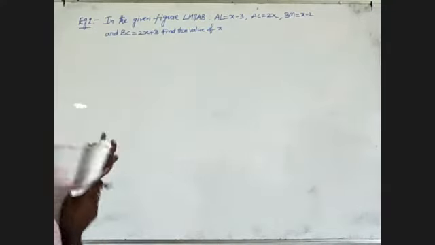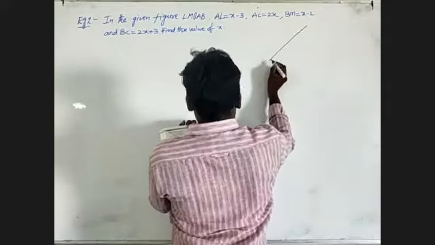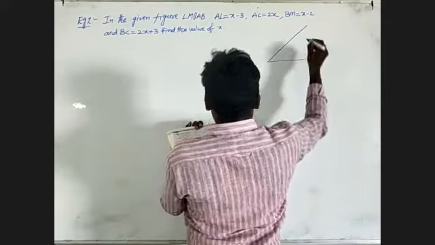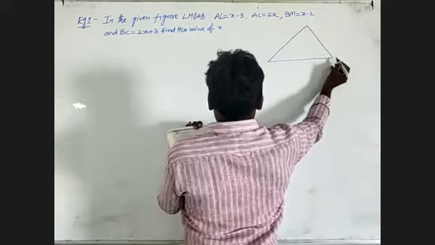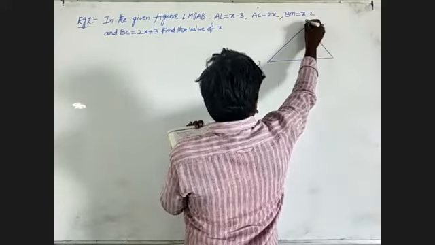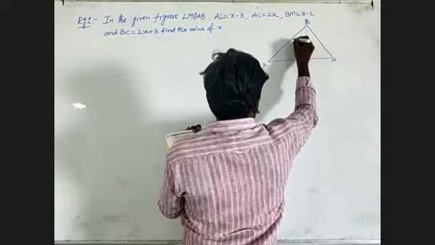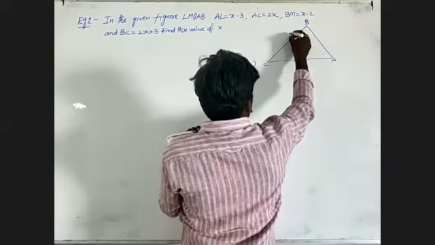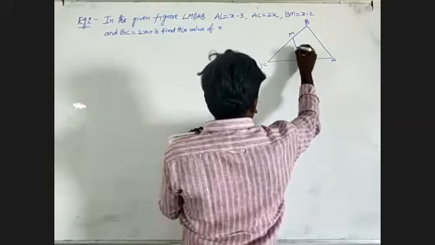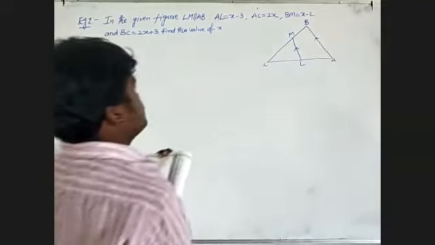Here, a diagram is given in this problem. Name this as B, this is C, this is A. After that, this we will take as M, this is L. Here by the problem, LM is parallel to AB.